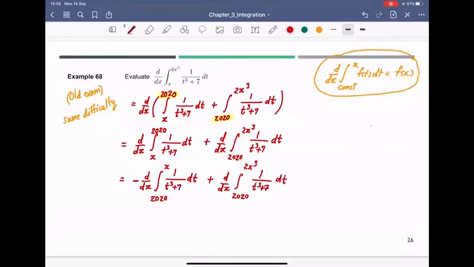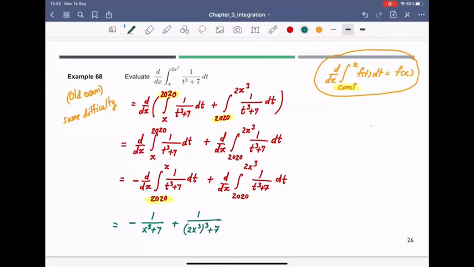All right, now we are ready to use the fundamental theorem of calculus. For the first term, I'm going to get negative 1 over x cubed plus 7, because I already have a constant to x. The second term I am going to have plus 1 over 2x cubed plus 7.